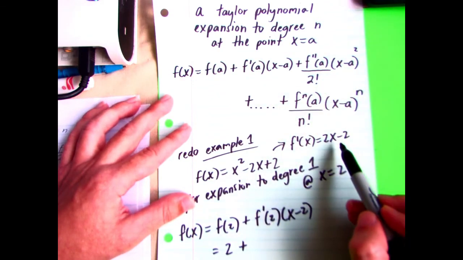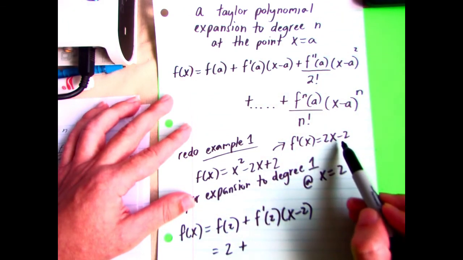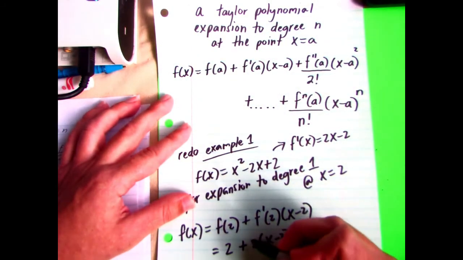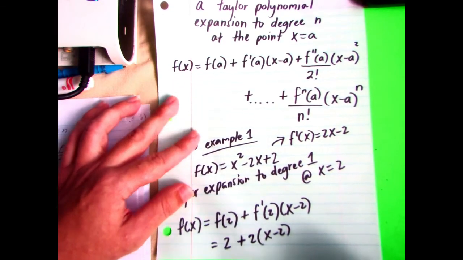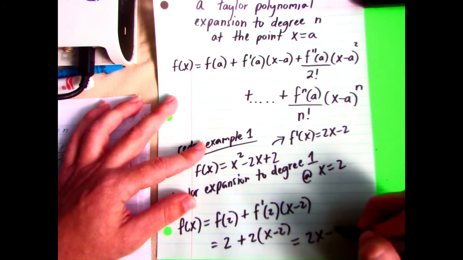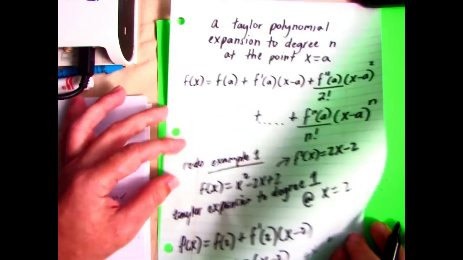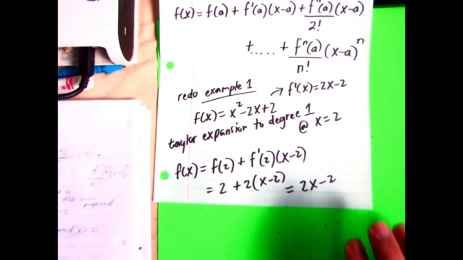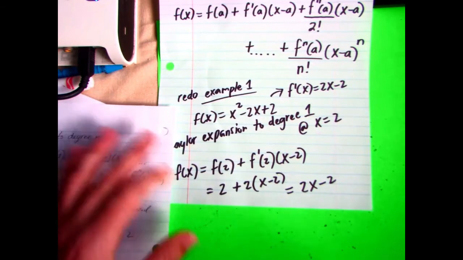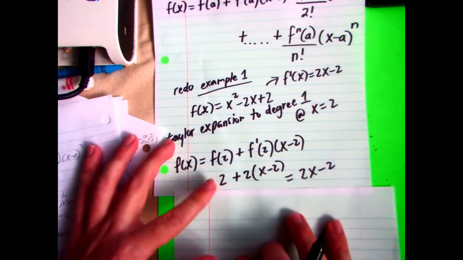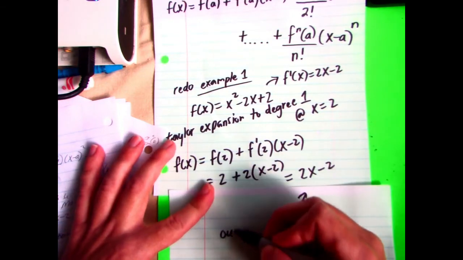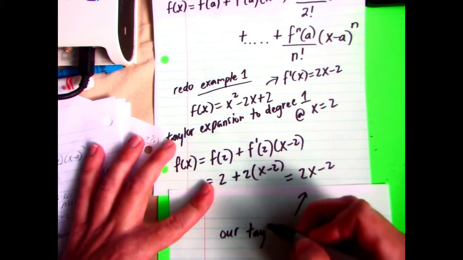Again, we know f prime to be 2x minus 2. So what is f prime of 2? That is 2, times x minus 2. A quick computation of that gives us 2x minus 2. And that definitely was the equation of the line of tangency. So this agrees with our first answer.